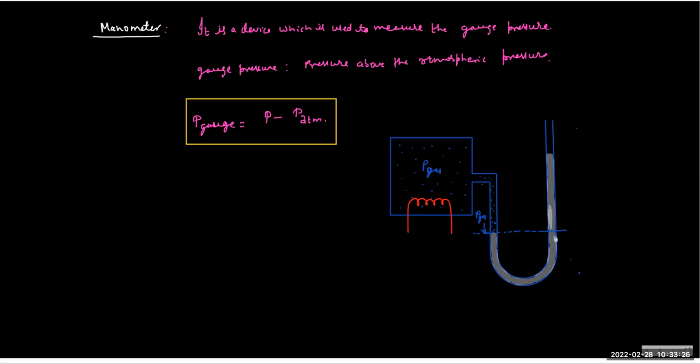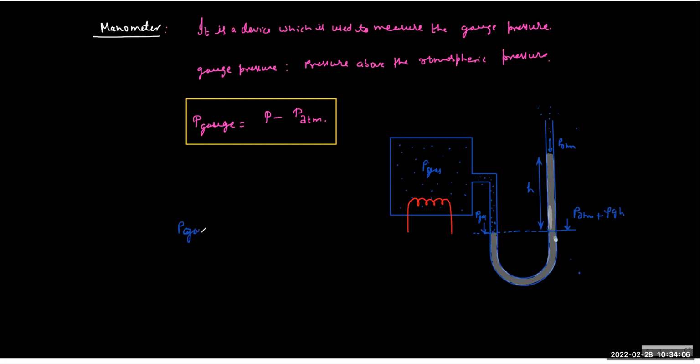If you go to the right side at the same level, the pressure is, if I say the difference of height is h, P atm plus rho g h. The atmosphere is open here, though we don't show it. So the pressure on the right side is P atm plus rho g h. The h is the indication of the gauge value, how much extra pressure we actually have.